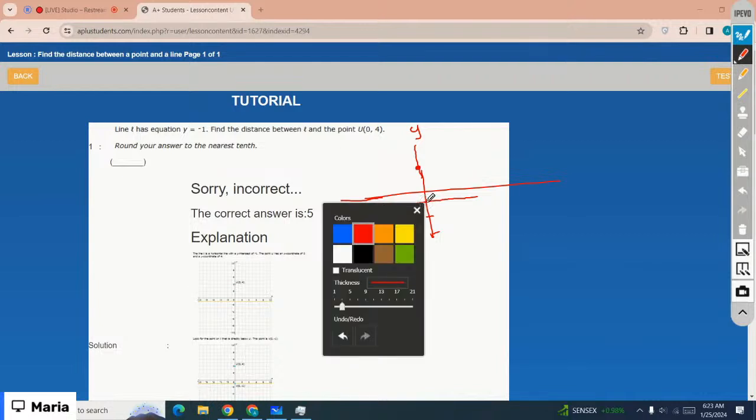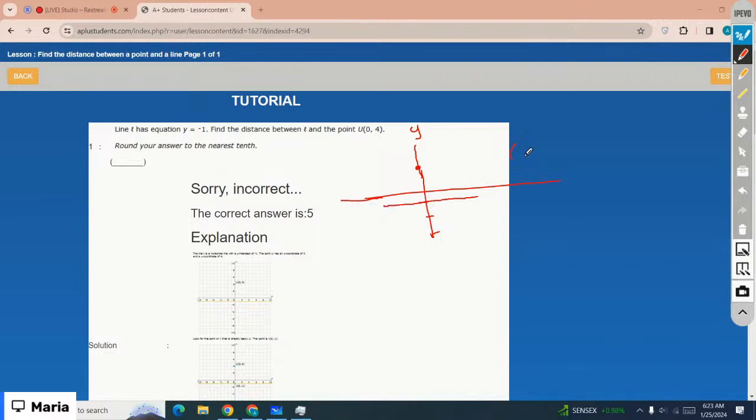The coordinates for the line are x is 0, y is negative 1. And here you have 0 and 4.